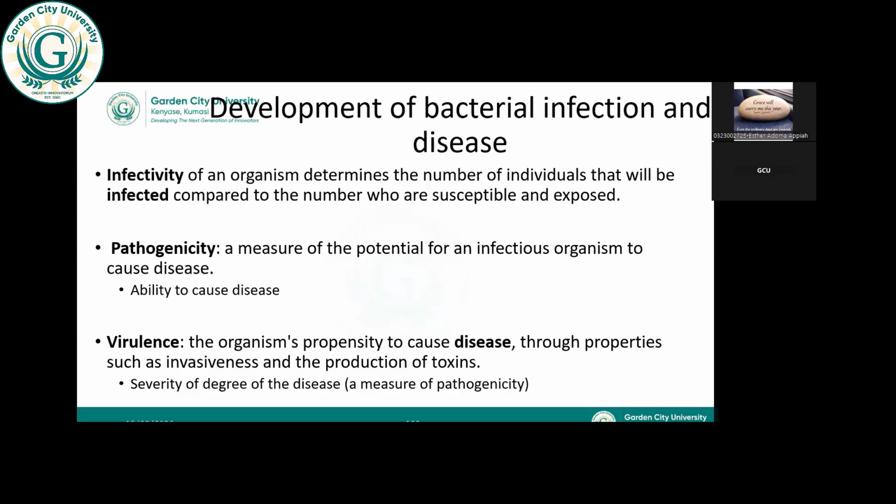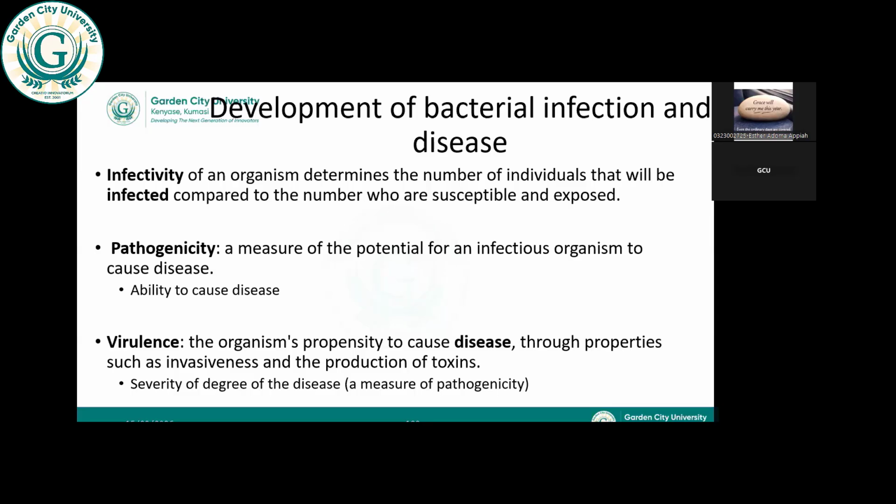And infection. We also said that infection occurs when harmful microorganisms, that is the pathogens, enter the body, multiply and cause damage to the tissue. So when they cause damage to the tissues, would they result in disease?